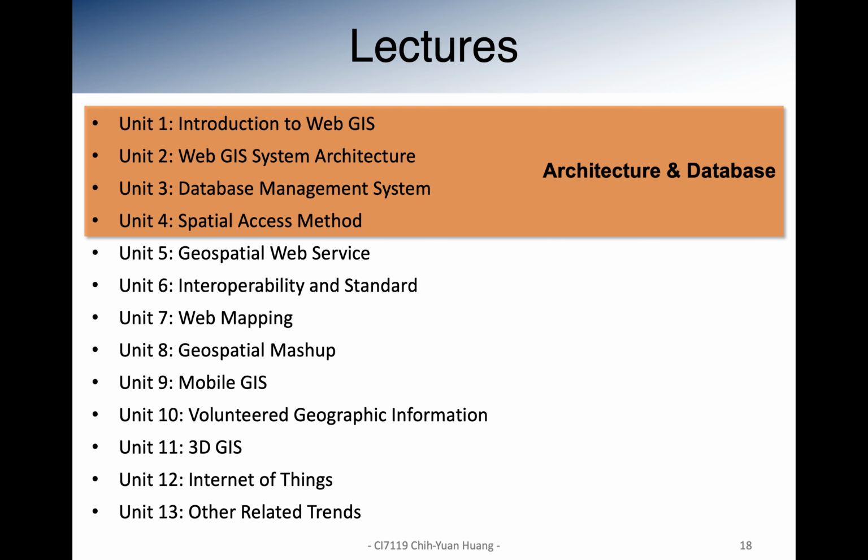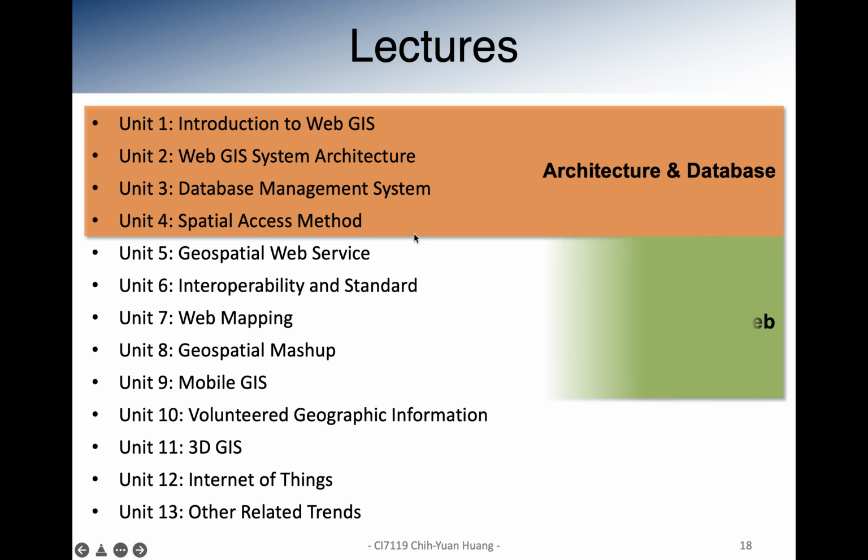The computer is a one-dimensional system, 0, 1 and 0, 1, but geospatial data is multidimensional, with multidimensional attributes, so how to manage those data efficiently in the computer system is a big challenge. The spatial access method allows us to achieve that efficiently, so we will talk about that here.